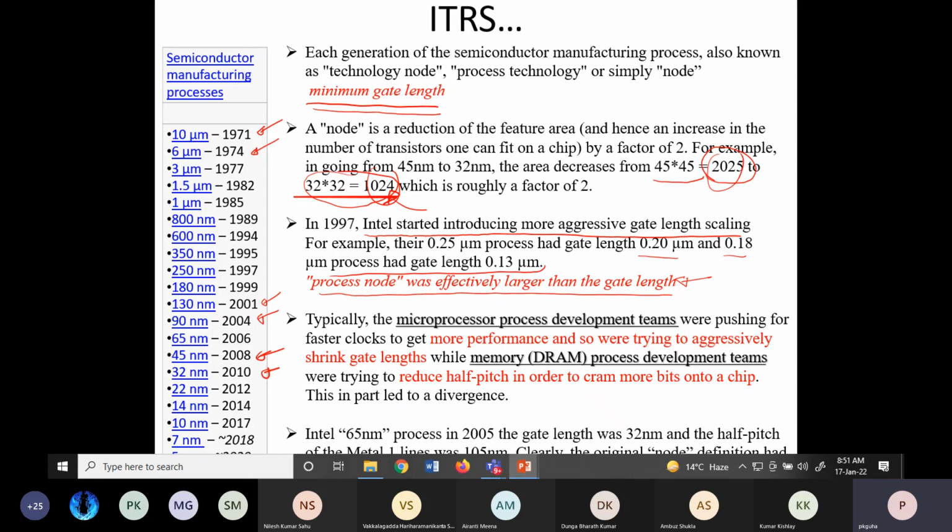But what I'm saying is what Intel did for their design and their fabrication, they have their own fabrication lab.